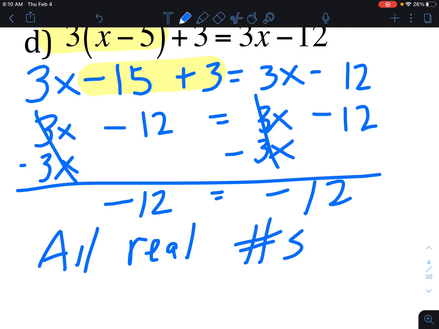All real numbers, meaning every number in the world, if you put it in for the x's back in the original problem, both sides would come out to be equal after we did order of operations. Another thing you might have seen before, instead of using the phrase all real numbers, you can use infinitely many solutions. So infinitely many solutions is acceptable as well.